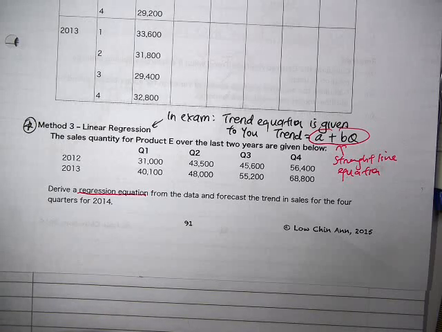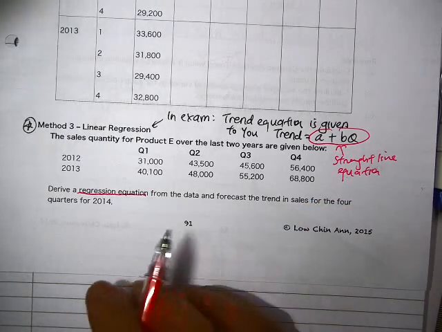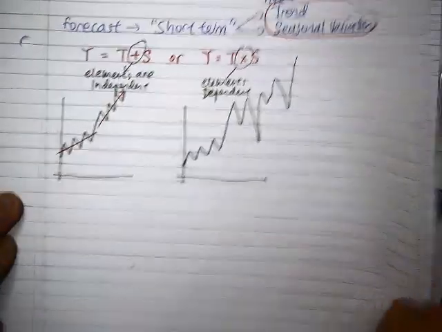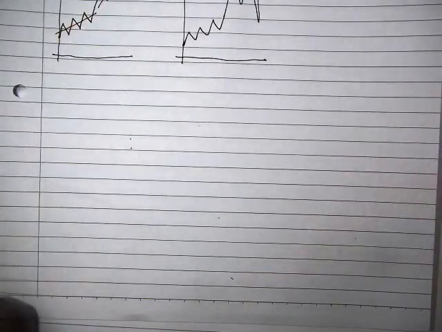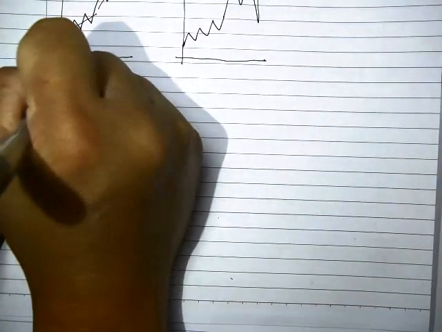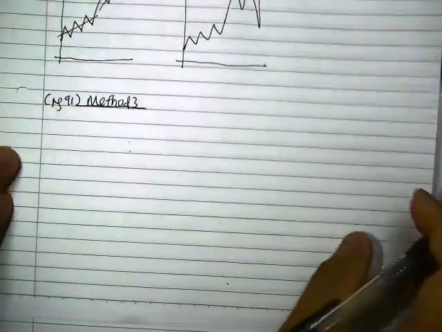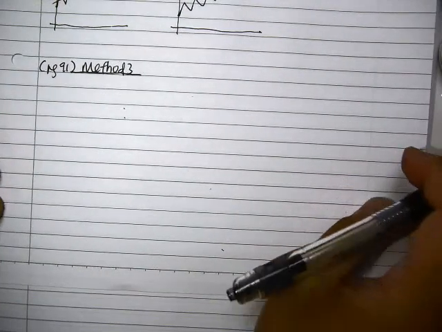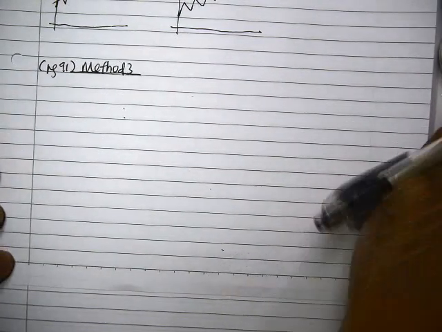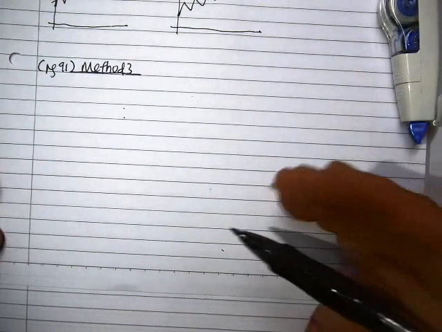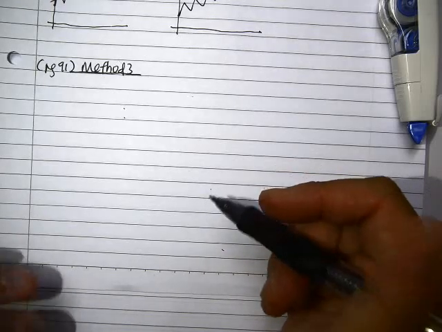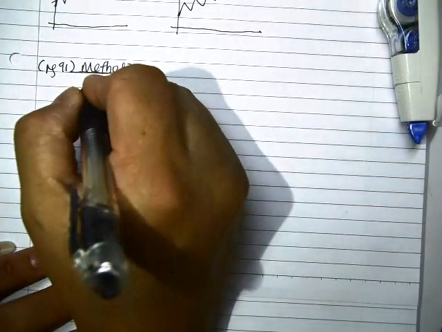So come up with what is A plus BX. Now, traditionally, when you want to do linear regression, this is the working.